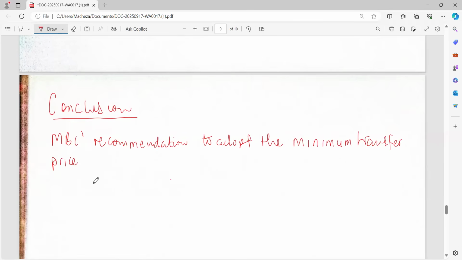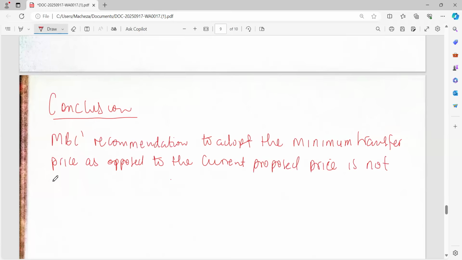as opposed to the current proposed price.